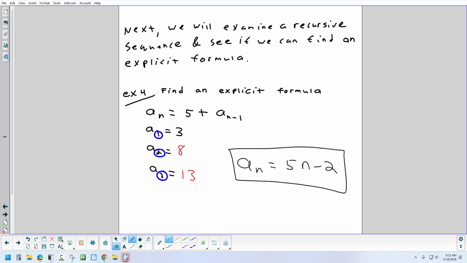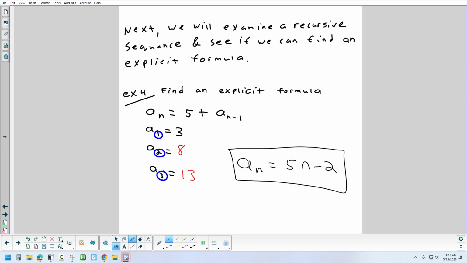In section 11.4, they prove it works. We don't do section 11.4. It's a way to show that it works all of the time, because it's impossible for me to check every single number. How do I know this formula is going to work when I get to the 3,467th term?